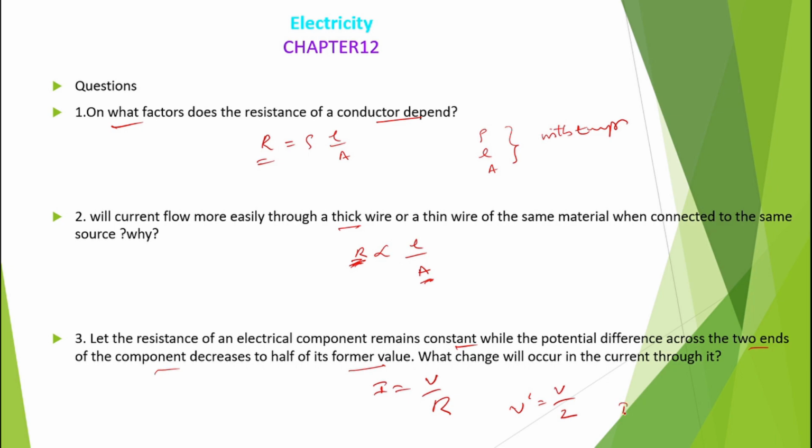That means I dash is equal to V dash by R, which is equal to V by 2R, which is equal to I by 2. Hence the current through it also becomes half of its previous value.